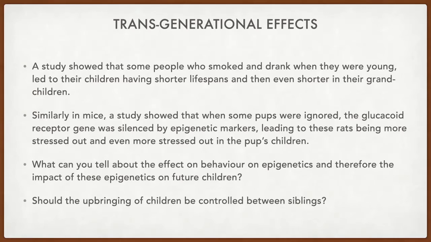That idea arises from the fact that if personality has such a huge genetic component, then would you want two siblings who have very similar DNA to have the exact same healthy upbringing, so that there's no difference and no injustice between the two? Because it's clear here, at least, that epigenetics has a big part.